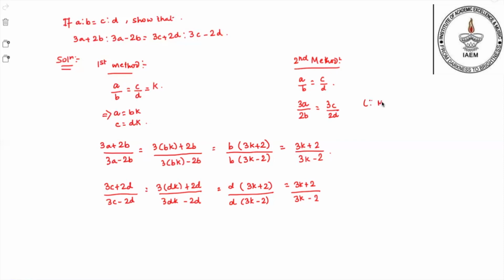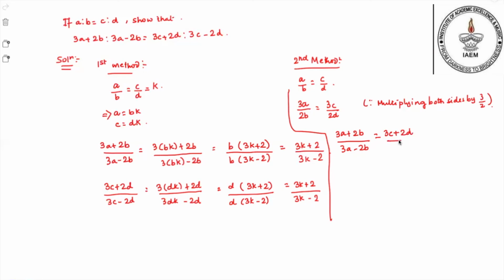Since we are multiplying both sides by 3 by 2, by directly applying the method of componendo dividendo, we can write (3a plus 2b) by (3a minus 2b) equals (3c plus 2d) by (3c minus 2d). So effectively, this becomes a two-step sum.